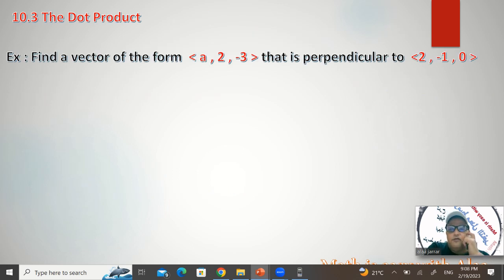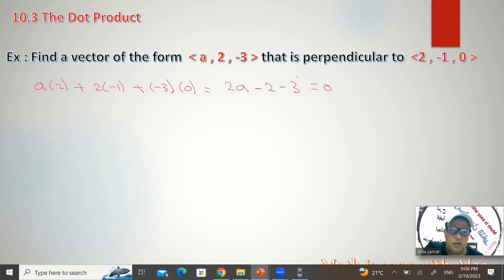Find the vector of the form A, 2 and negative 3 that is perpendicular to 2, negative 1 and 0. Same way, we multiply the first vector by the second vector. A times 2 plus 2 times negative 1 plus negative 3 times 0 equals 2A minus 2 minus 3, and this must equal 0 because they are perpendicular.